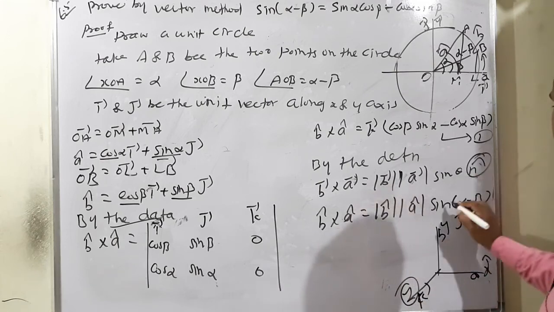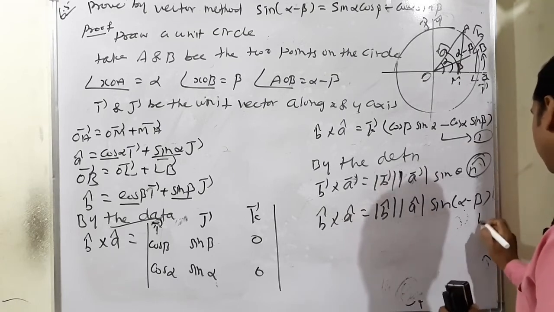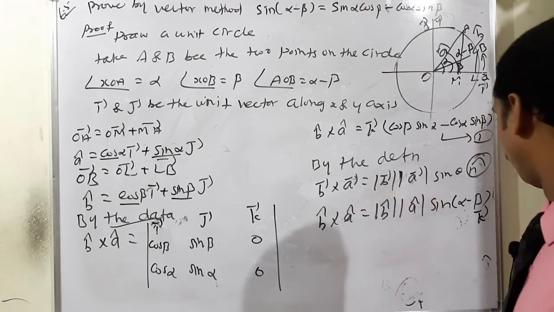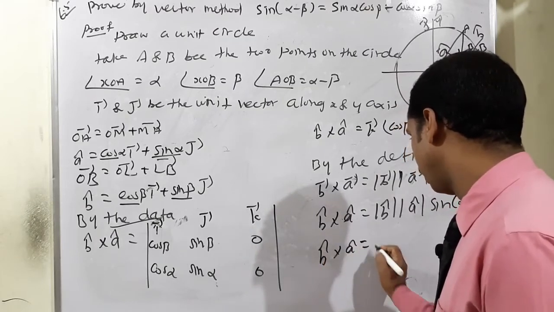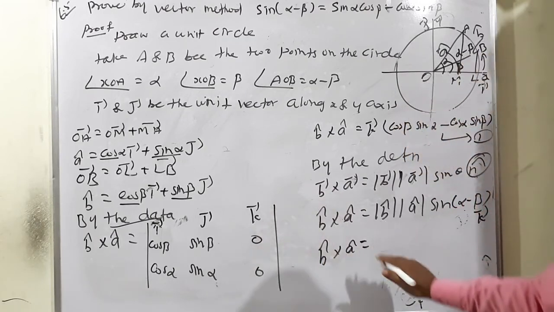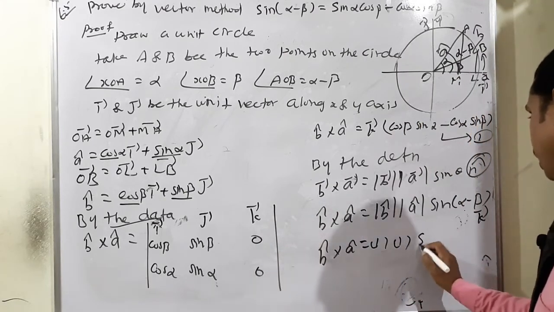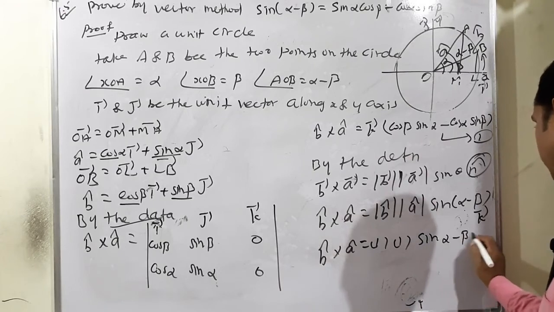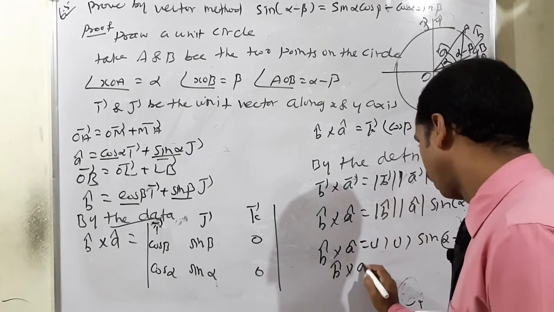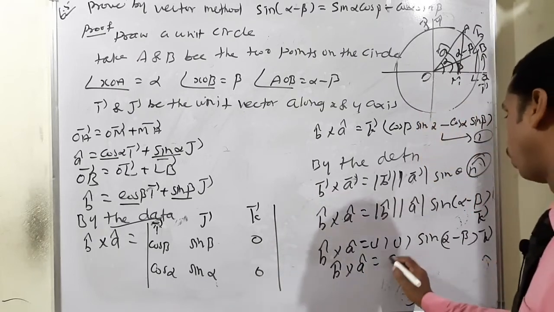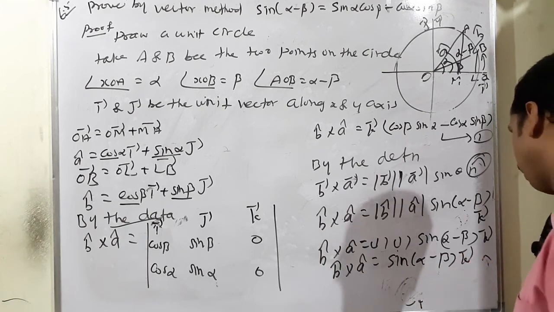Therefore n cap is k vector. Therefore, finally, B cap cross A cap is equal to modulus 1 into 1, so 1, sin of alpha minus beta into k vector.